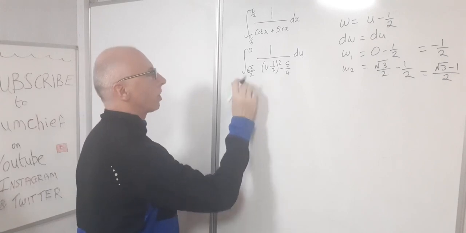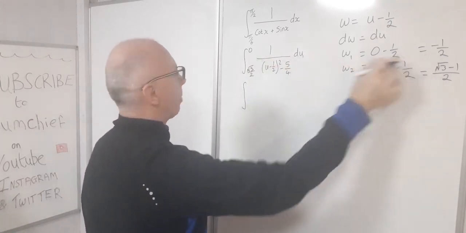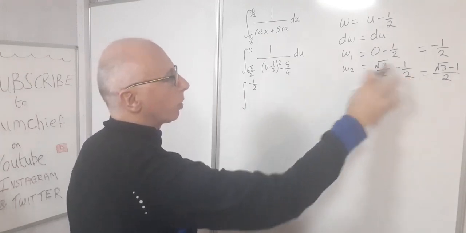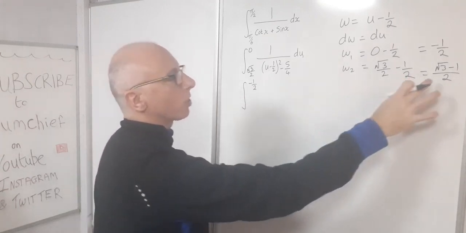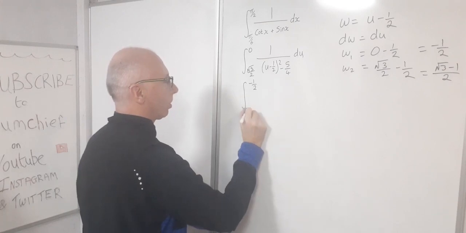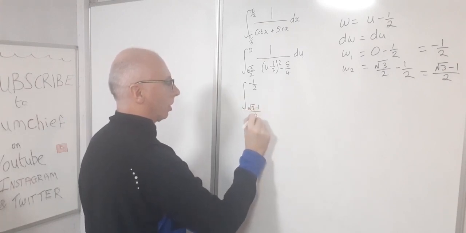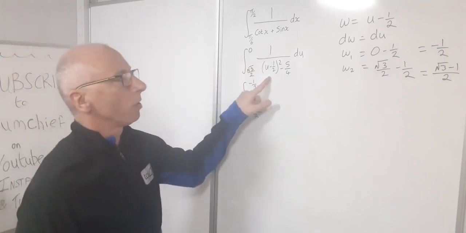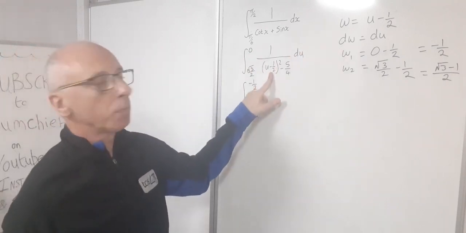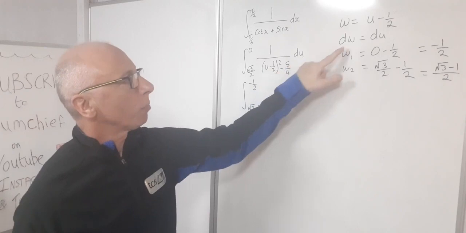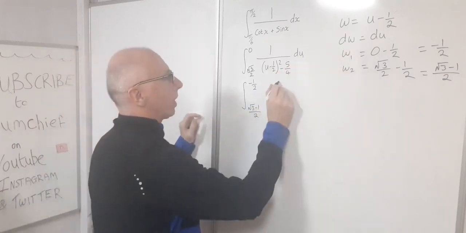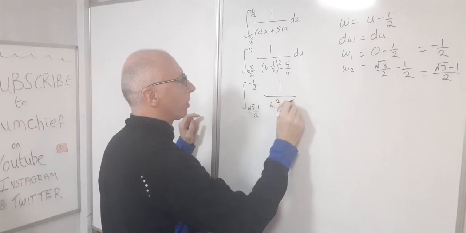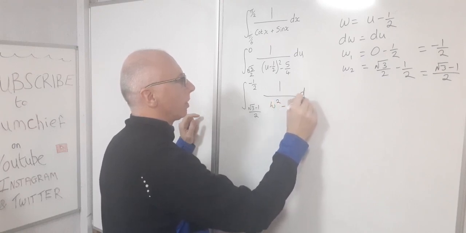So now our parameters, w1 is minus 1/2, and w2 is positive root 3 minus 1 over 2. So that's our parameters. And then this, take this into w, which is straightforward. That just becomes w, and du just becomes dw. So now we've got 1 over w squared minus 5 over 4 dw.